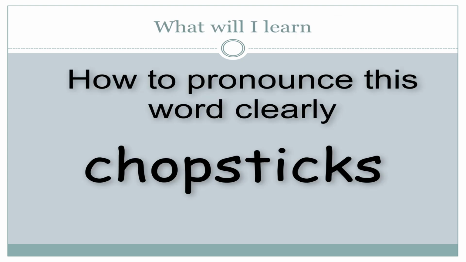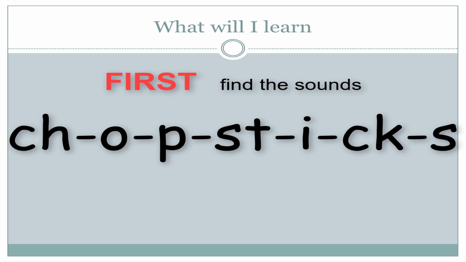So how to pronounce this word clearly? Our word is chopsticks. First, find the sounds inside the word. So here we can see ch, o, p, st, I, k, s.